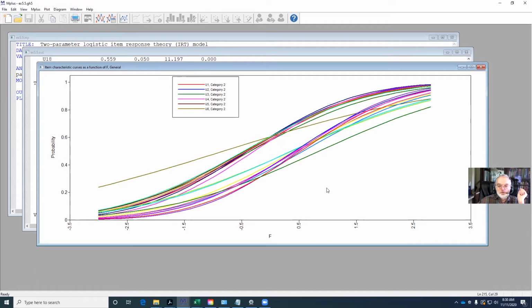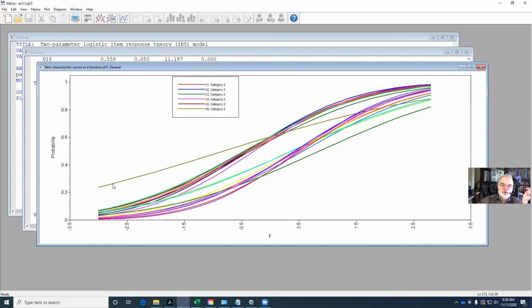So in this picture, an item will be difficult if the line that I see here is going to be farther over to the right, because that will mean that even if I have a high value of whatever this latent variable is, the probability of answering that question correctly is low. An item that is easy is going to be more over here to the left.